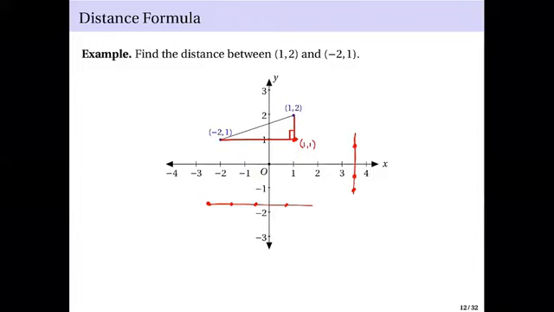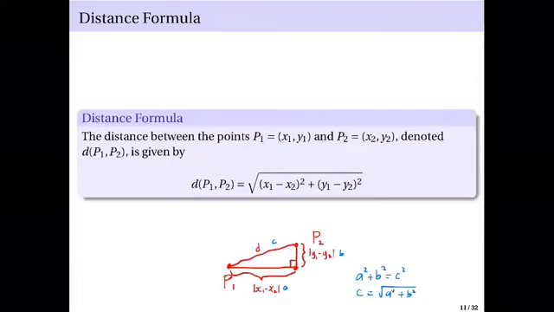If we go back to this, let's see. Point P2, you have your x2, y2. Point P1, you have the x1, y1. Horizontal line here, the y value is fixed.